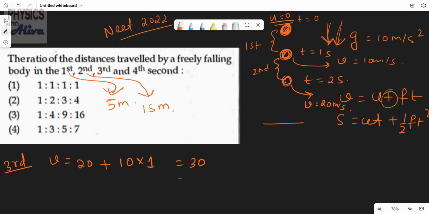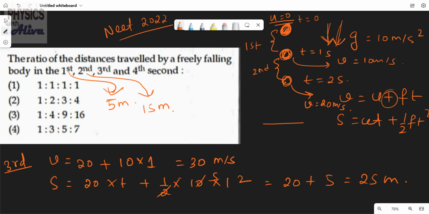So this will be 30 meter per second, and S will be Ut plus half F t square, that is 1 square. So this will be 20 plus 5. This is 25 meter. So for the third second the value will be 25 meter.